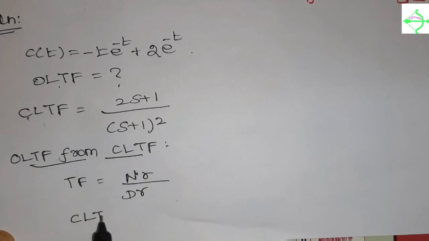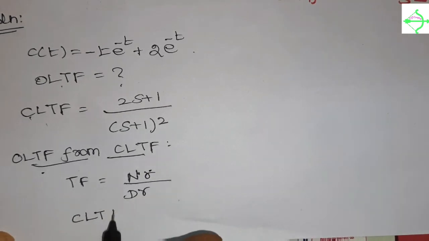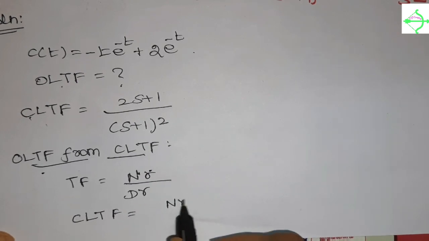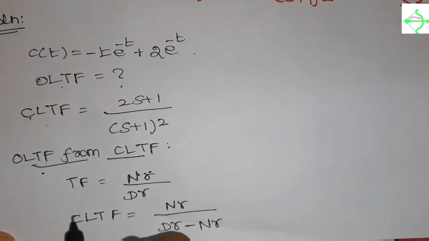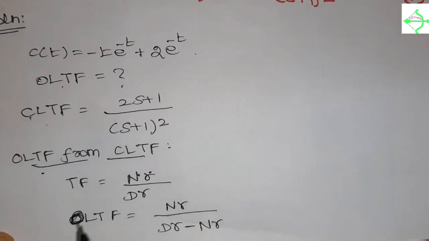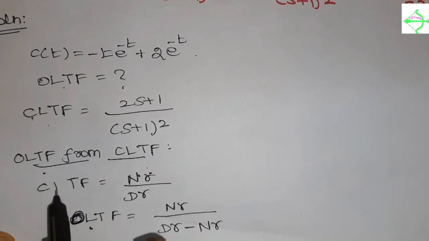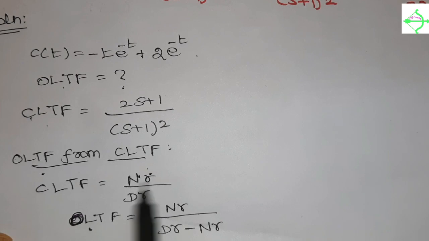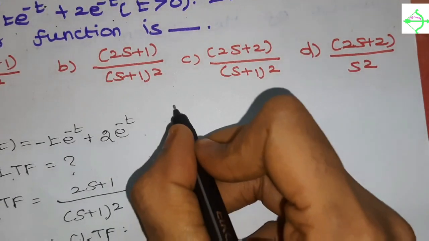To find the open loop transfer function from the closed loop transfer function, we just subtract the numerator term from the denominator term.